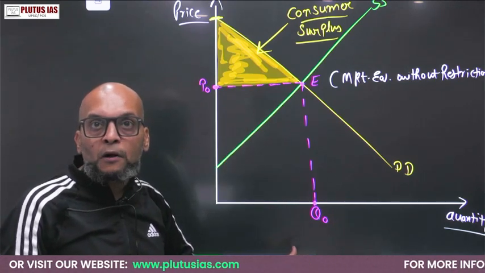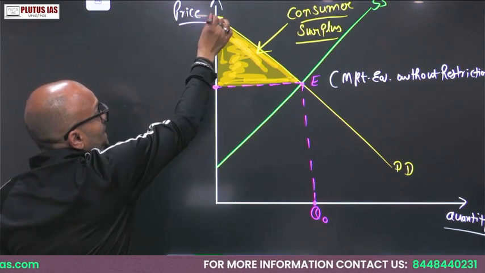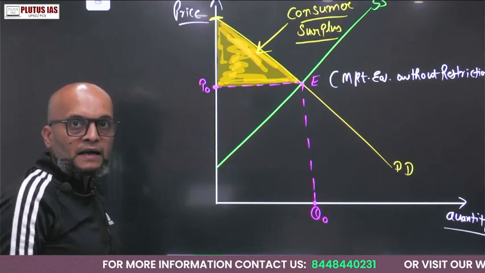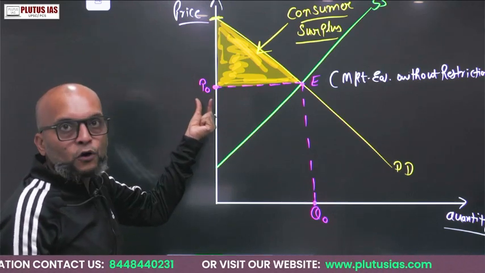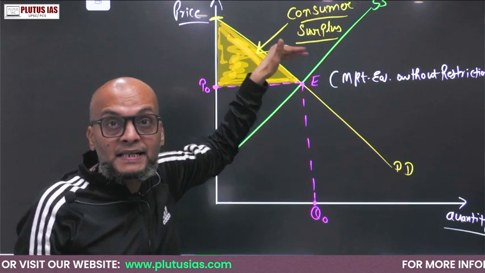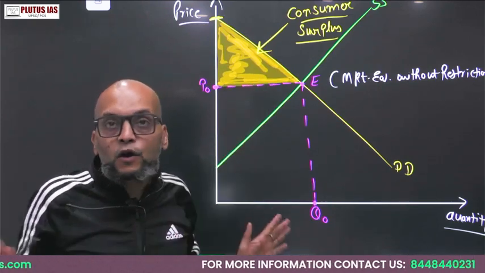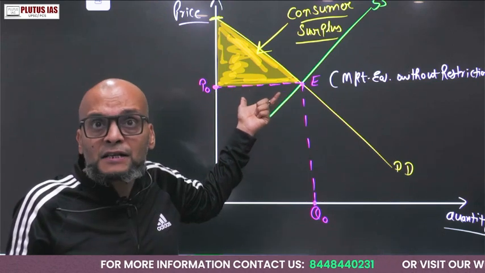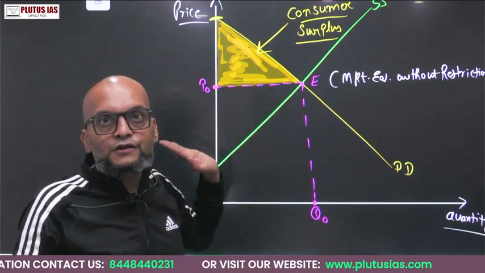For Q0 amount of goods, consumers were willing to pay up till this point. But they have to pay lesser amount, that is P0. So this excess which consumers were expecting to pay, they are not going to pay it. This is the surplus for the consumers, yes or no? So that's why we are calling it consumer surplus.